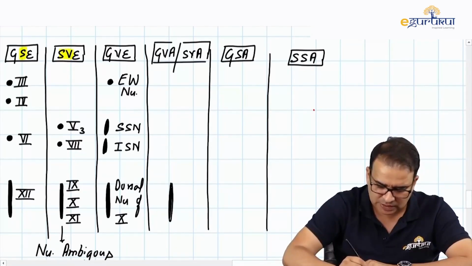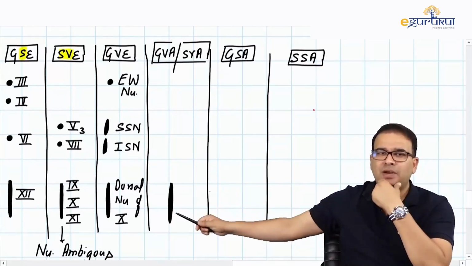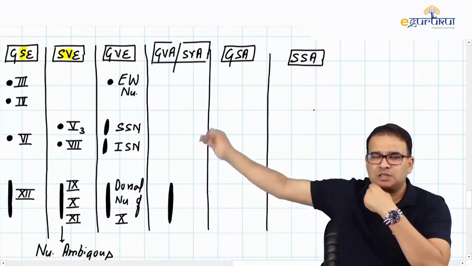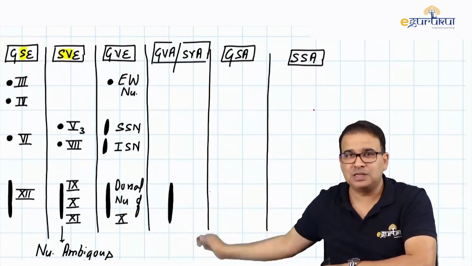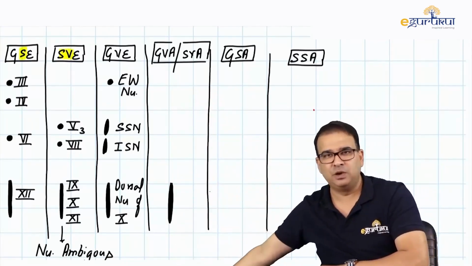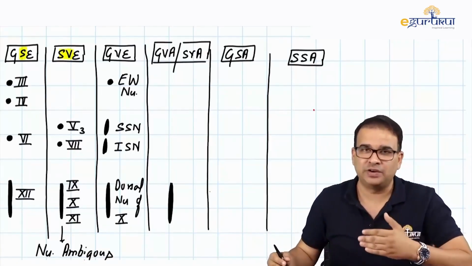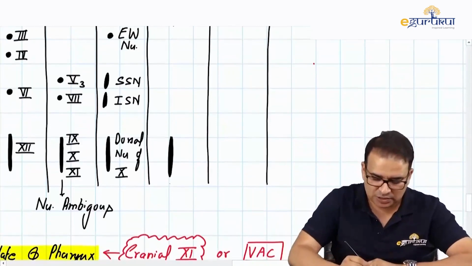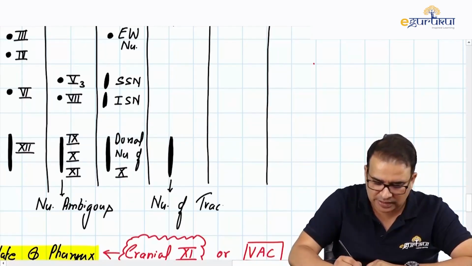It's a big nucleus present in the medulla oblongata, which is functioning as GVA as well as SVA. And the unique property is that this is the only nucleus present in this entire column. Nothing above, nothing below. There is no piece of gray matter that you'll see above this. There is no piece of gray matter you'll see below it. So it is alone. And we know alone is called what? Solitary. And that's why this nucleus is called the nucleus of tractus solitarius.